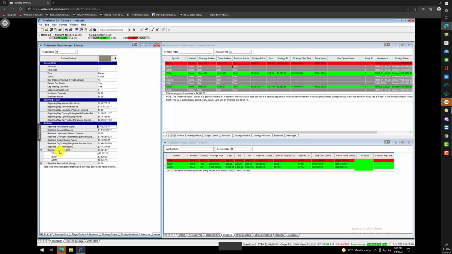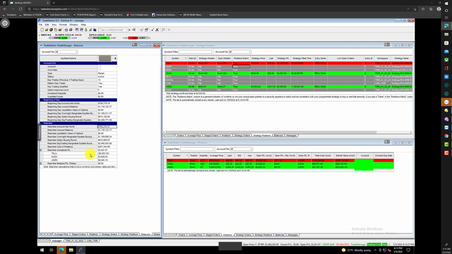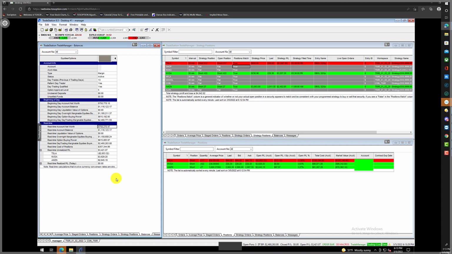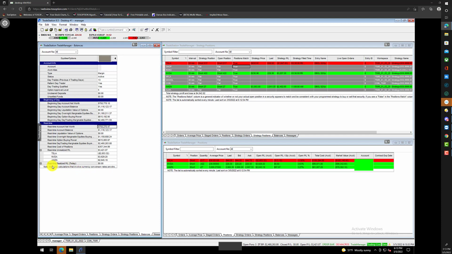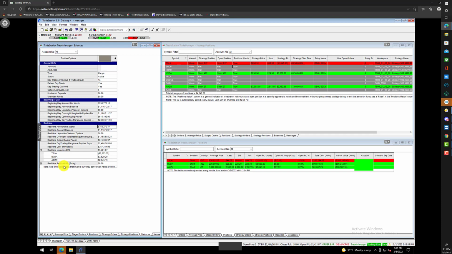This is the unrealized P&L, and those are the positions that are still open in your account. Keep in mind that when you sell short a position, there's interest charged on that, because it's margin. When the algorithms close a position, it becomes a realized P&L and will be displayed in this part here, but it's not showing anything.